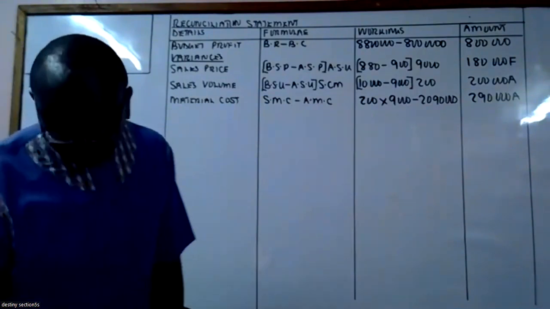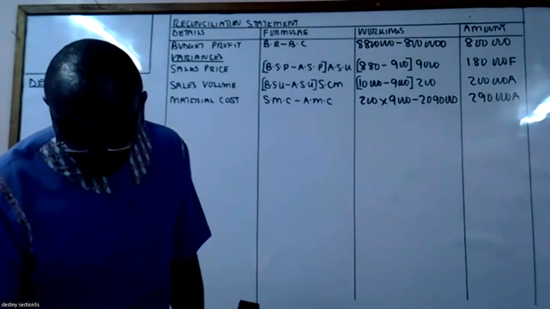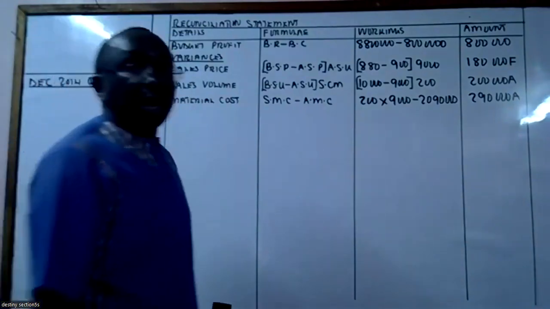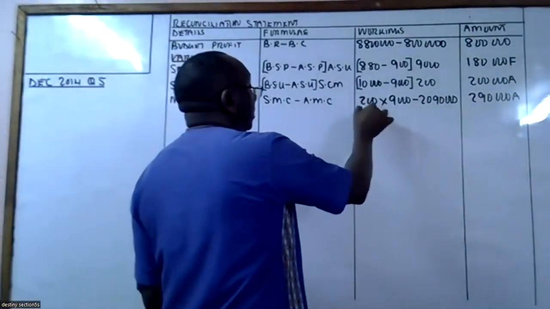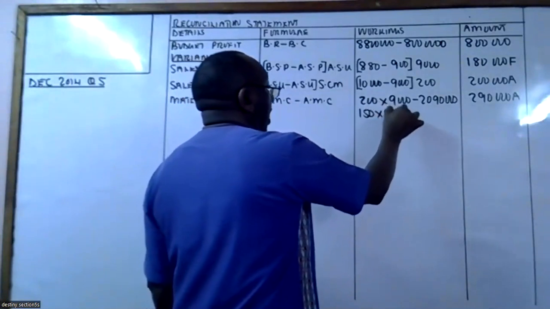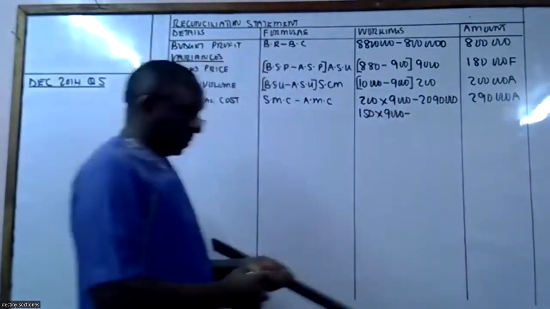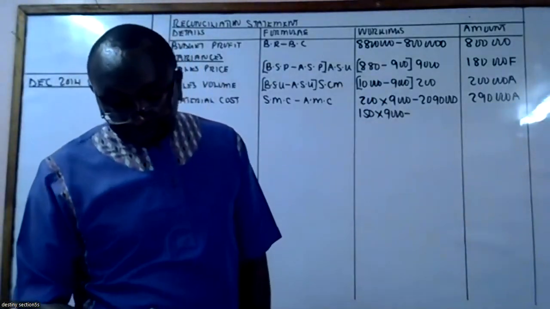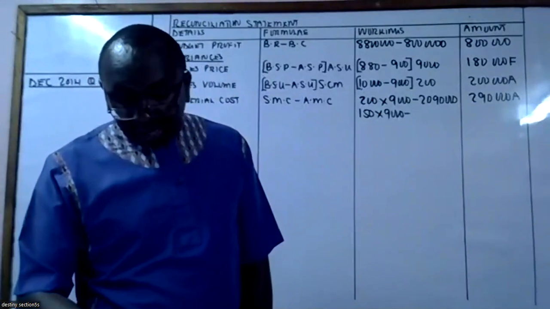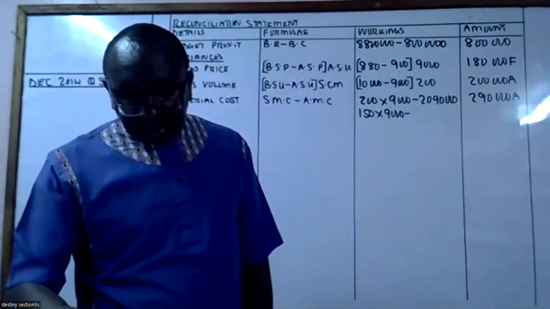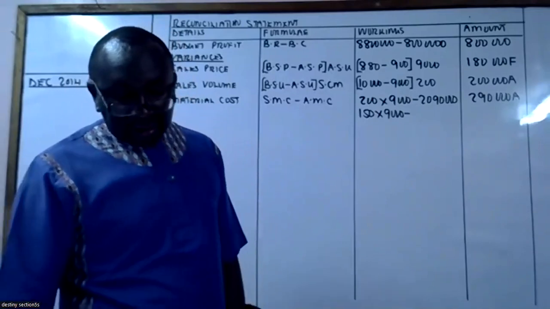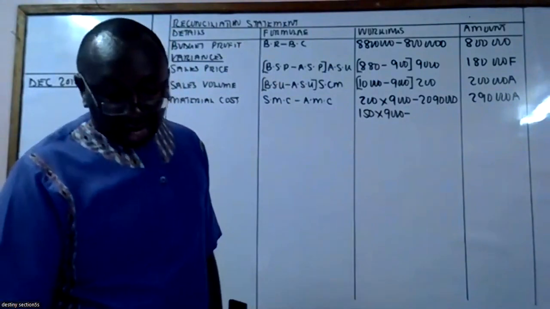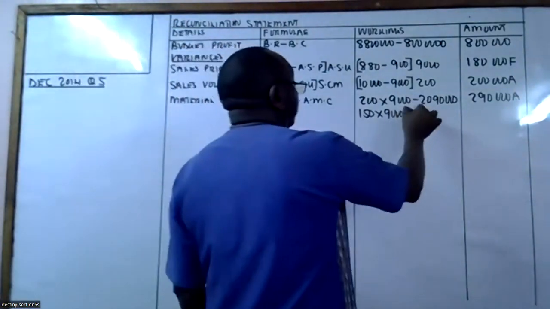Then for the second material, when you look up at the standard card, you can see that one unit was supposed to take us 150. So you multiply by the actual production of 9,000. 150 multiplied by 9,000. And then, looking at the actual results, you find it is 1,414,000.